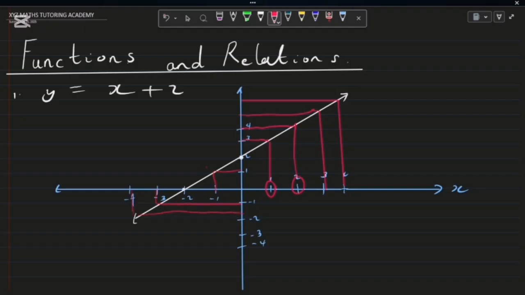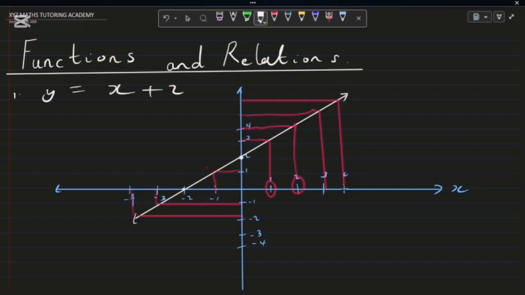What we see is that each x value has one y value. Another way of looking at this is that each y value has its own x value. In other words, there is no sharing of x values.